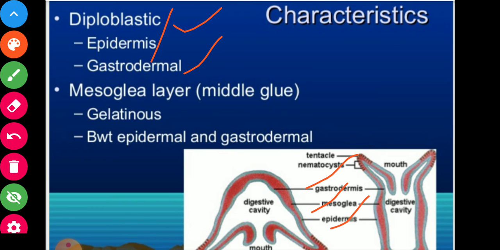So they are called diploblastic. The mesoglea layer is found in the middle, it is gelatinous, between the epidermal and gastrodermal layers.